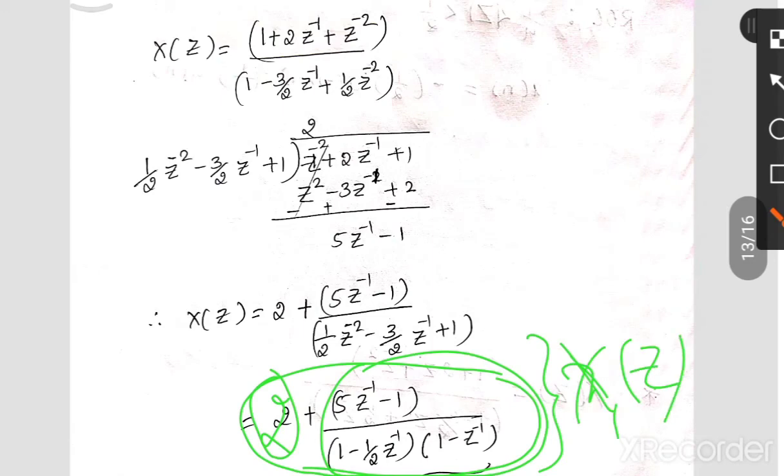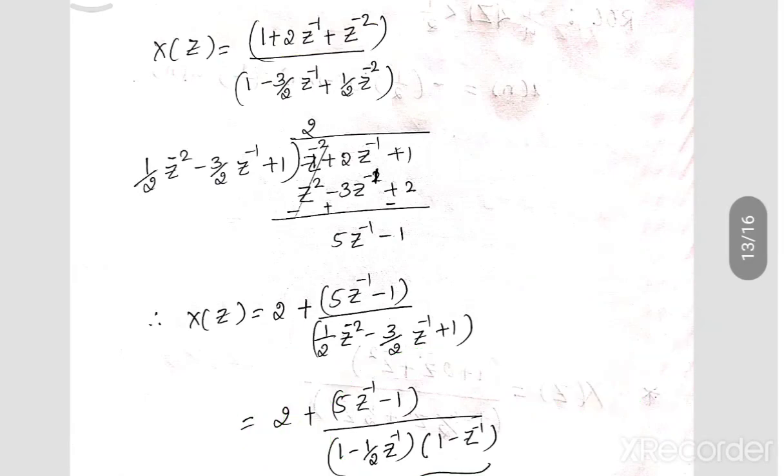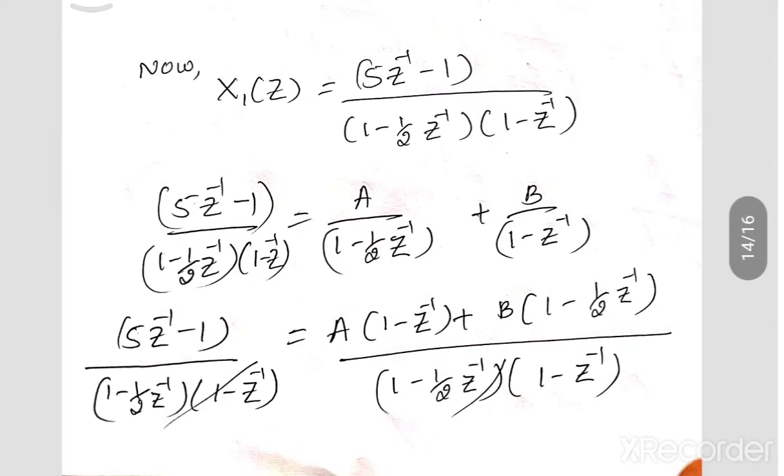Okay, observe the numerator has 1z and the denominator has 2z. Therefore 2 is greater than 1. Now we can apply the normal partial fraction for this second factor only. Since we have taken that as X1 of z, that is nothing but 5z raised to minus 1 divided by 1 minus 1 by 2 z raised to minus 1 into another factor 1 minus z raised to minus 1.